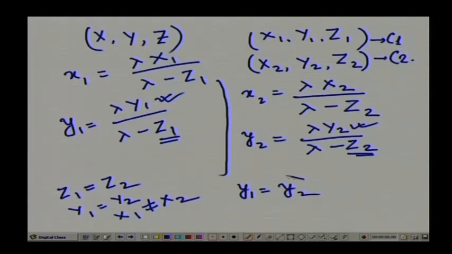So, what does this mean? This means that whatever is the x1, y1 value of point CL in the left image, the corresponding right image point CR will have a different x coordinate value, but the same y coordinate value. That means two corresponding image points must lie on the same row.